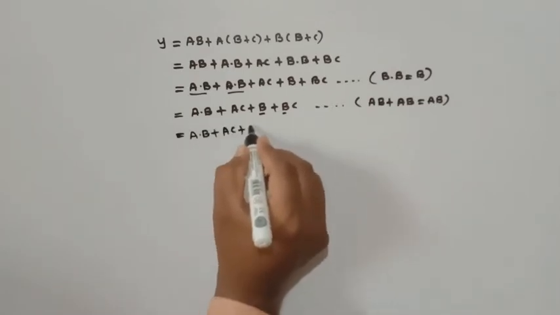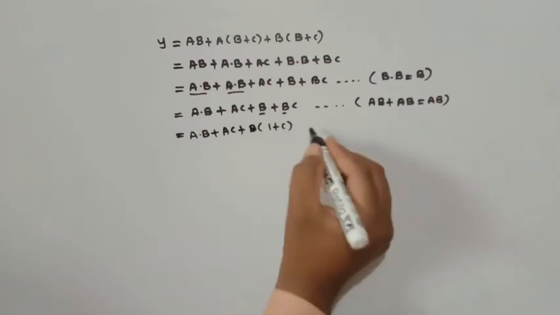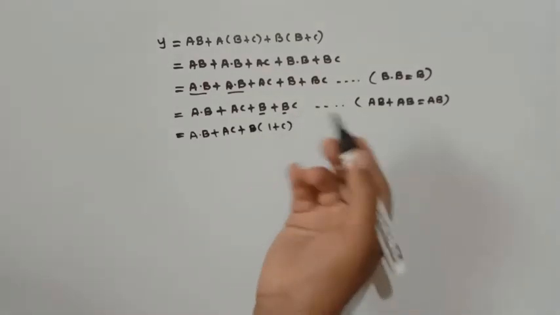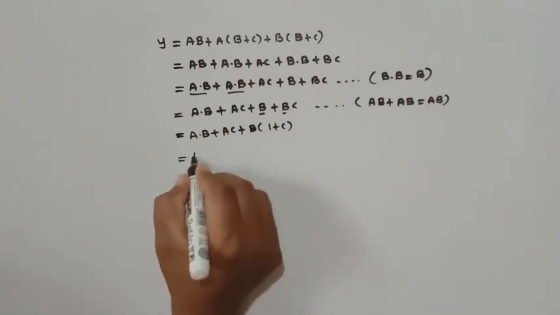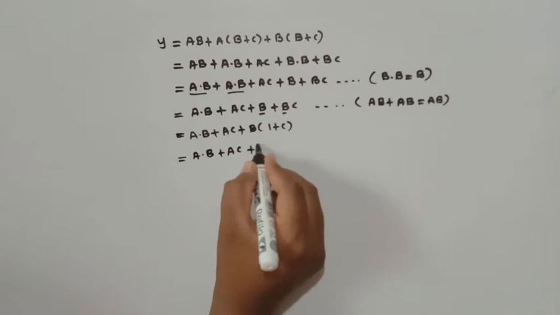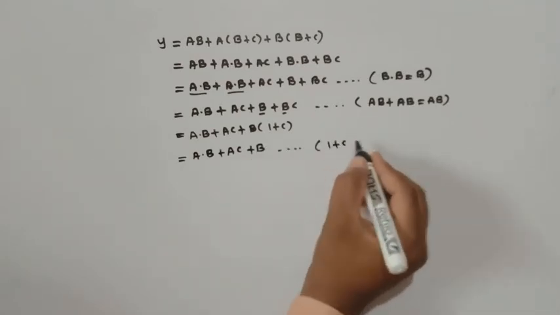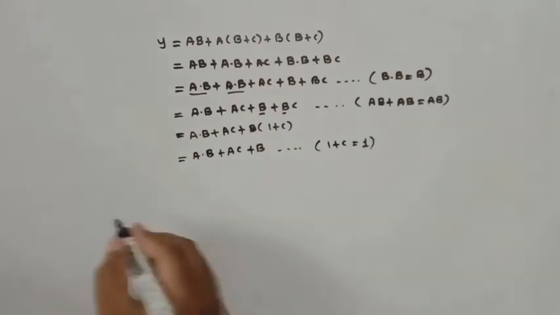We take the term b common and write the equation as b(1 + c). Again 1 + c becomes 1. So we write a.b + ac + b, and we mention the law 1 + c = 1.